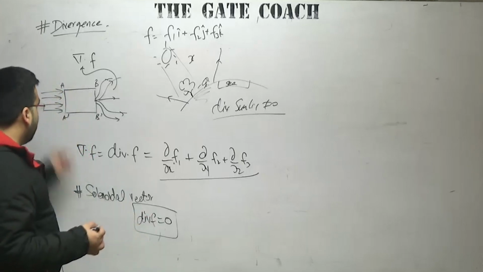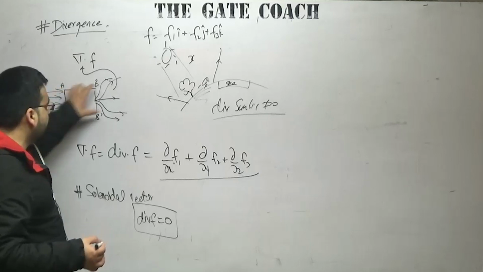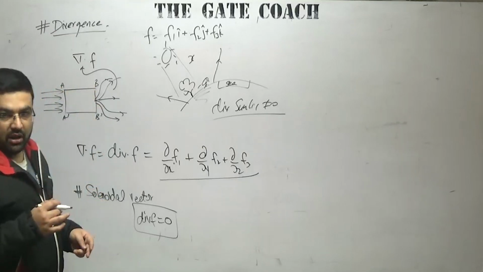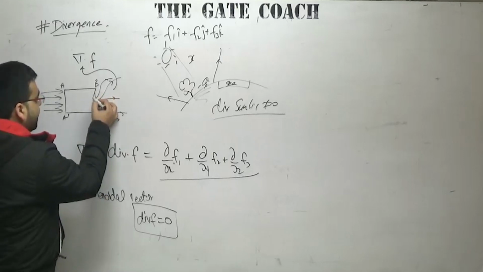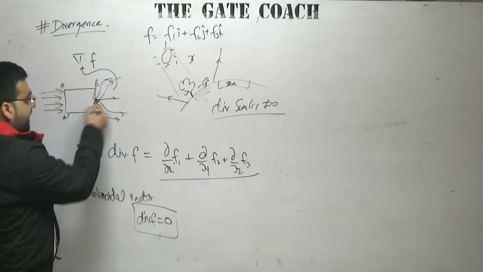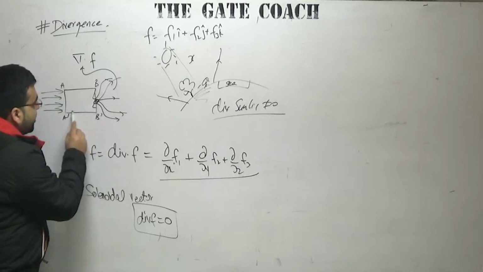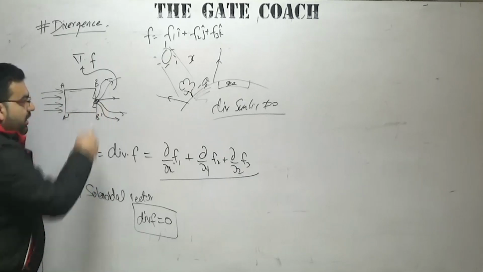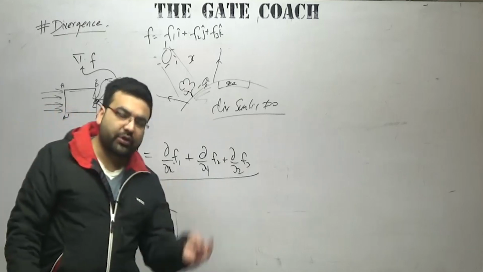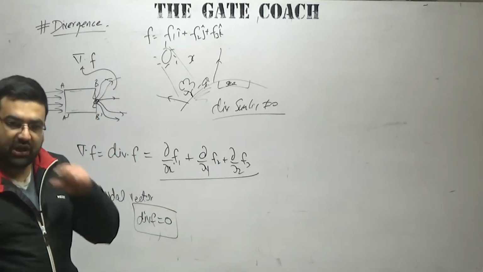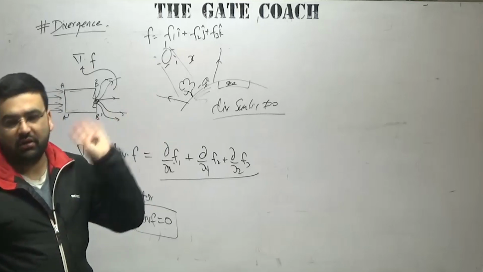Now if the incoming rate becomes equal to the outflow rate, it means that the fluid is not compressible. Because if there is a nozzle, then only the rate of fluid might change. Or if there are some restrictions from the boundaries, then the outflow might change. But if the fluid is incompressible in nature, whatever is coming in will go out.